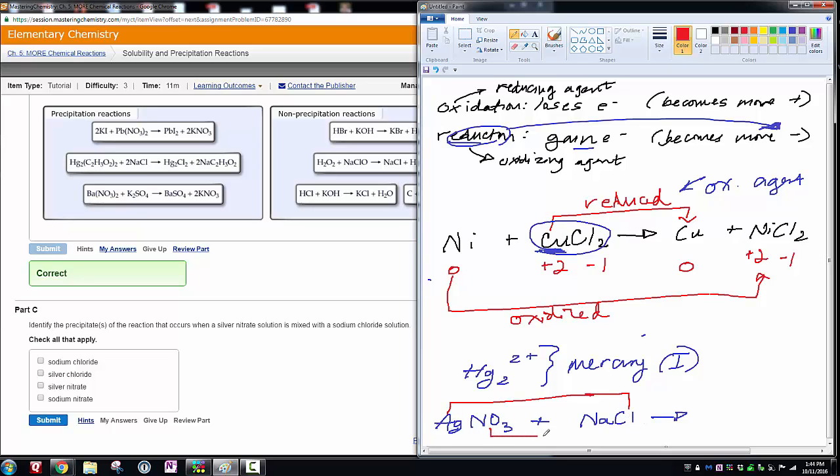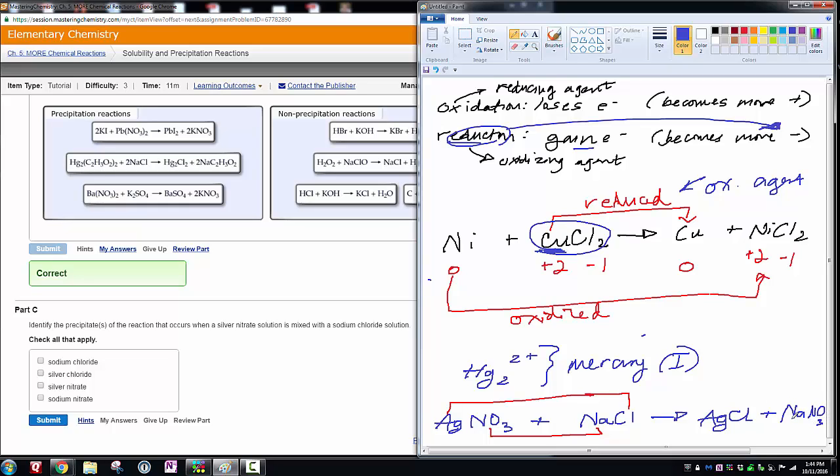And then the nitrate with the sodium, because this is the anion and this is the cation. So you'll always have the outsides combining and then the insides combining. So our product here is going to be the Ag, which is +1, and the Cl, which is -1, and the Na, which is +1, and the NO3, which is -1.